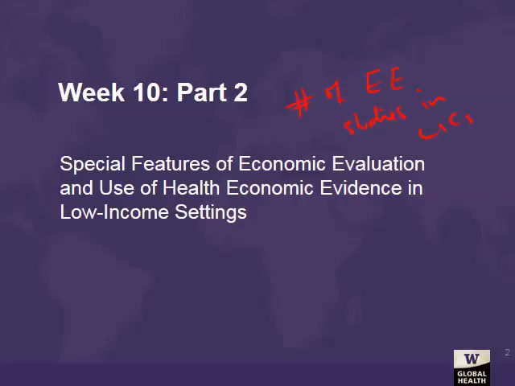So in some ways it's a good field to be in. And some colleagues have performed research that shows that there's an increasing number of published economic evaluation papers. And I remember one little statistic that Uganda is the country with the third highest number of economic evaluation studies in PubMed.